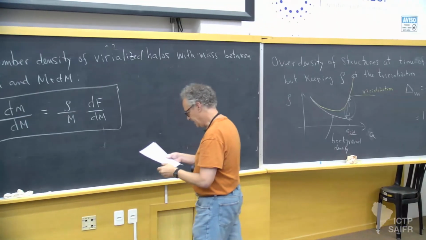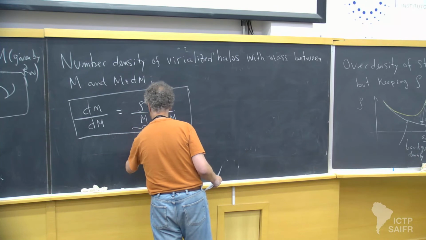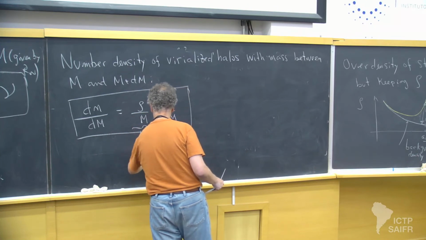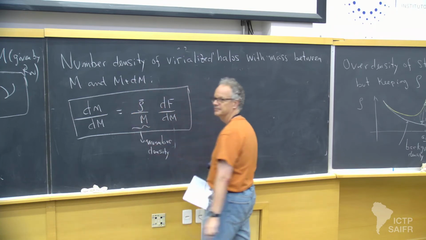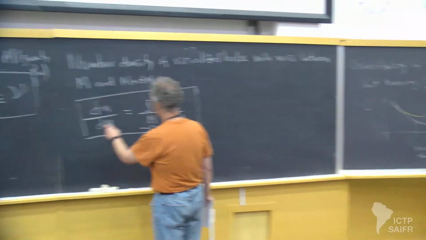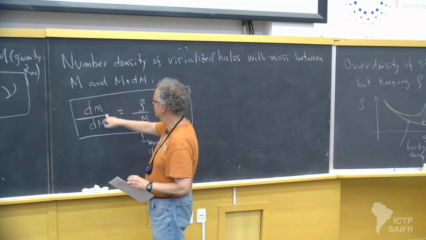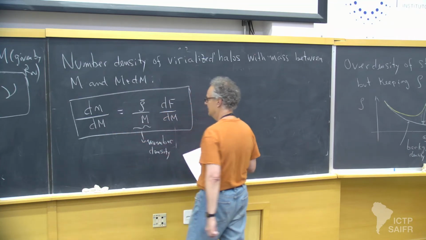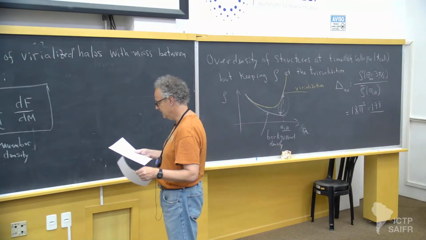And this is the so-called Press-Schechter model for the number density for a given mass. So this is what you get.